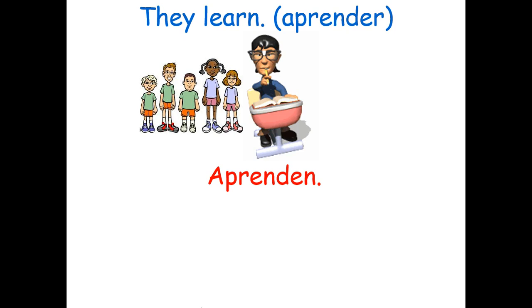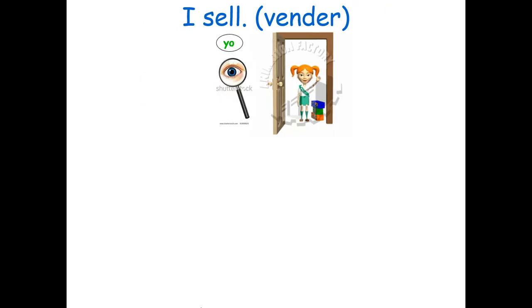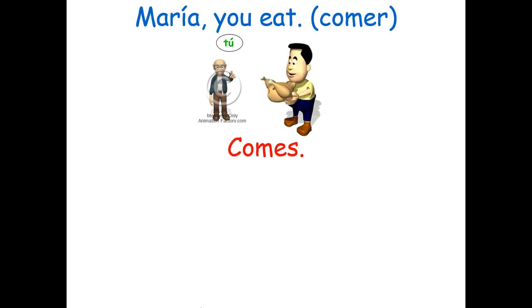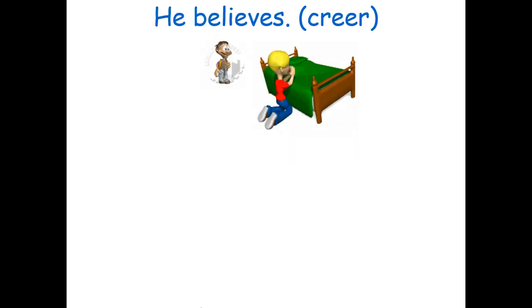Aprenden. ¿Cómo se dice I sell? Vendo. ¿Cómo se dice Maria, you eat? Notice that it's Maria, you, so it's going to be the tú form. Comes. He believes. Cree.